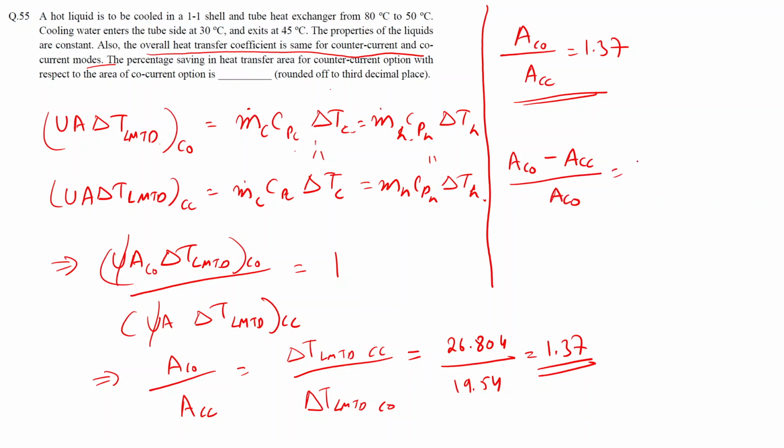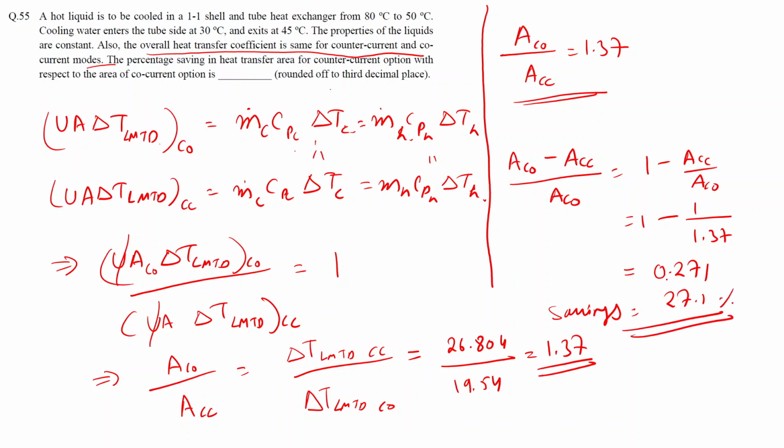So this will be equal to 1 minus ACC upon ACO. This we can calculate, and it will come around 0.271. So ultimately in percentage, the savings can be written as 27.1%.